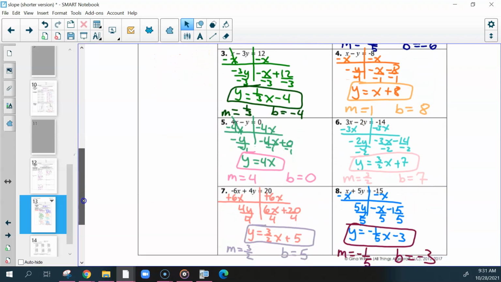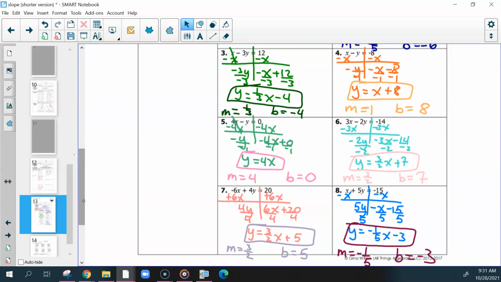Starting with number 4. I think I missed it in the directions. It did say something about identify the slope and intercept, and I did not do that. If you went back and did that, that's fine. If not, that's also okay. Really, I just need to know that you have your equation. For number 4, your equation should have been y equals x plus 8.